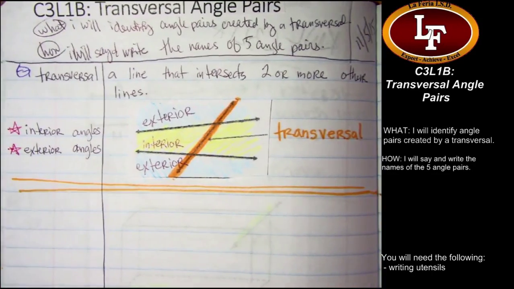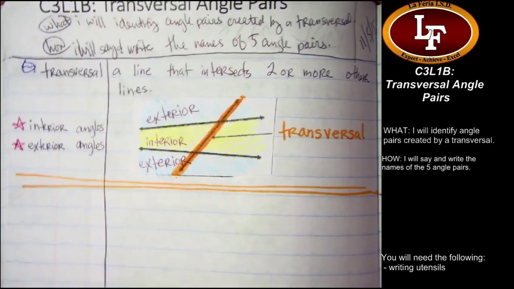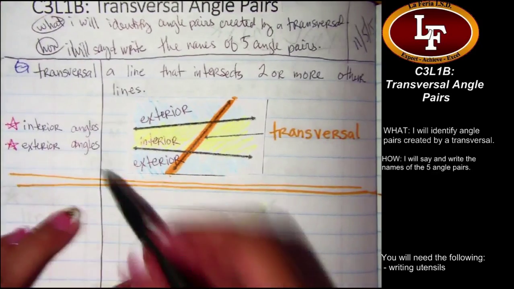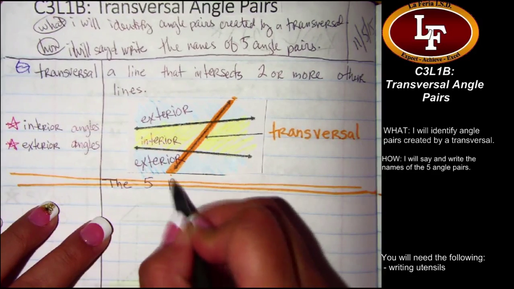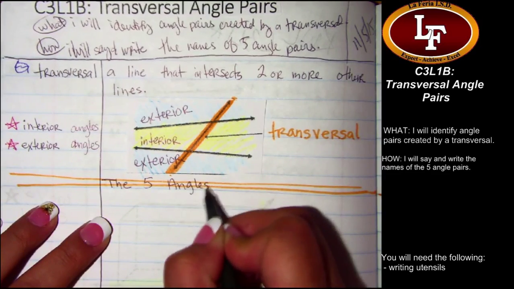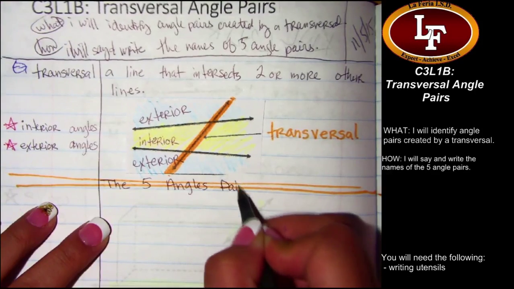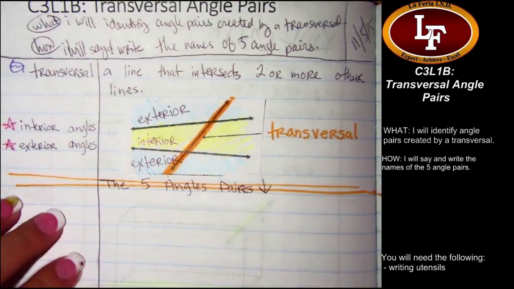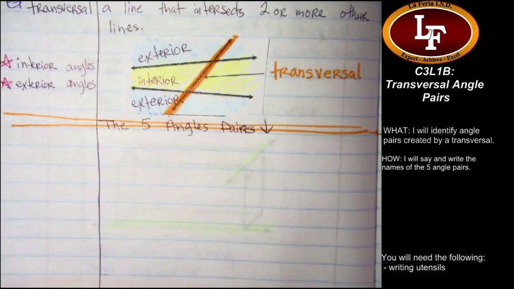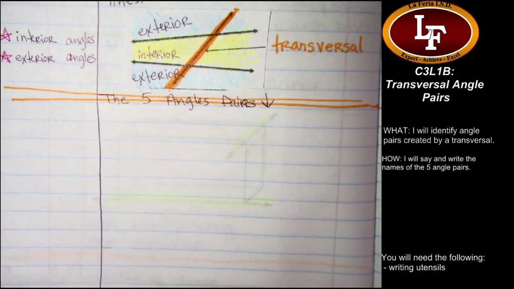Put a double bar because up next are all of our angle pairs. So we're going to title over this double bar the 5 angle pairs. So from that line below and below are our 5 angle pairs.